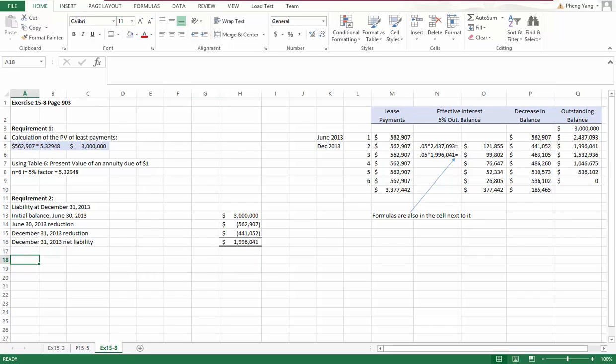Now for my asset, my initial balance, once again, on June 30th, is that $3 million once again. Then to get my net asset, I'm going to net it with my accumulated depreciation.